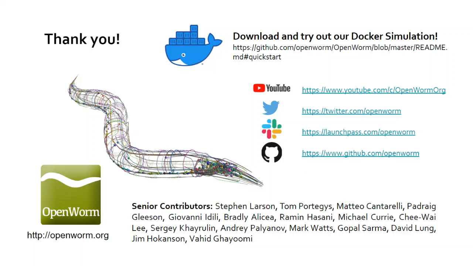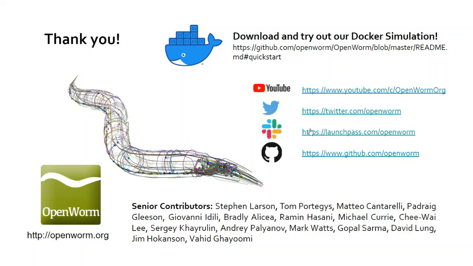And then I guide them to this Docker simulation. So this is the Docker container I've talked about. This is actually available on the OpenWorm GitHub, and you can download it and use it in Linux. There's no Windows version yet.